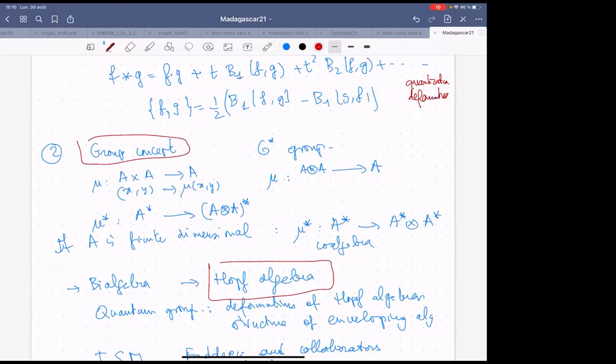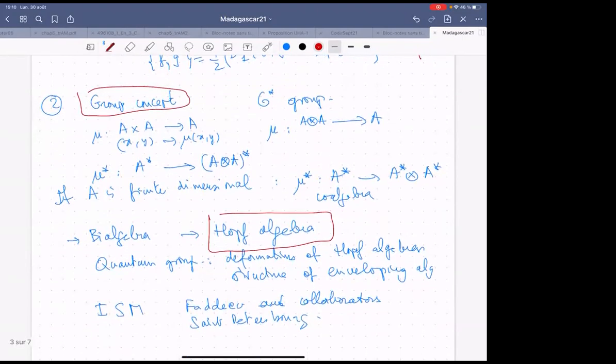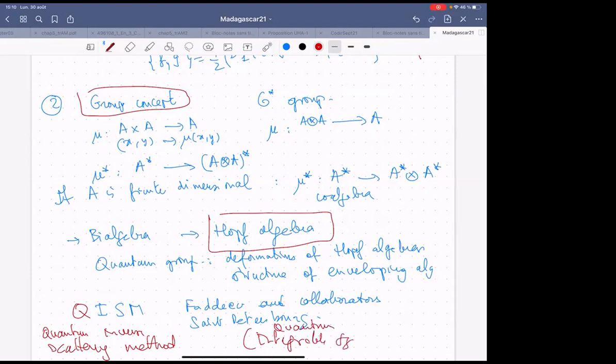And this is related to the quantum inverse scattering method, which is a method to deal with integrable systems, of course quantum integrable systems. So these are two different things which somehow motivate the study of deformation. Is it clear? It's okay.